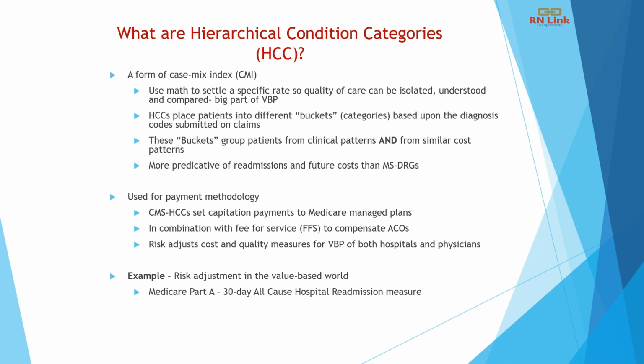HCCs place patients into different buckets, categories, based upon the diagnosis codes submitted on claims. These buckets group patients from clinical patterns and from similar cost patterns. More predictive of readmissions and future costs than MS-DRGs.